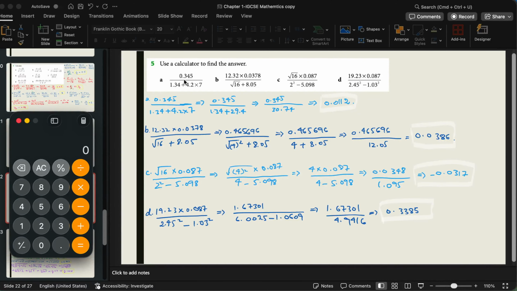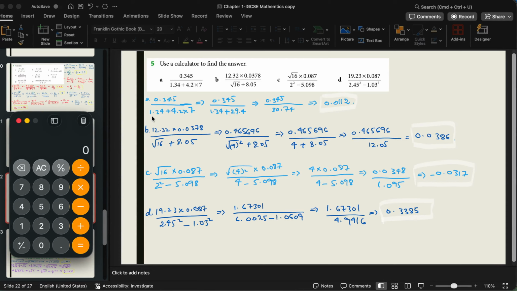So the very first expression that we have is a fraction which has 0.345 in the numerator and 1.34 plus 4.2 multiplied by 7 in the denominator. So how do we solve it? There's nothing much in the numerator to solve, but we have some to solve in the denominator before we go into the division.